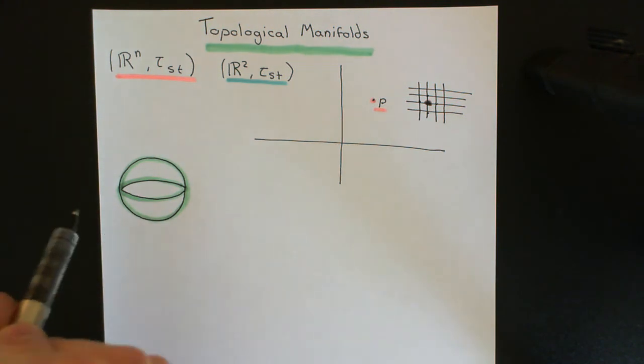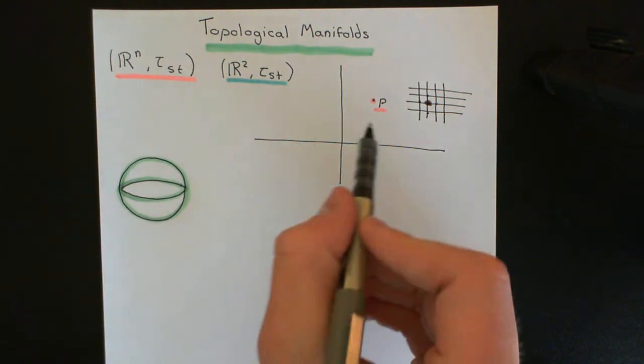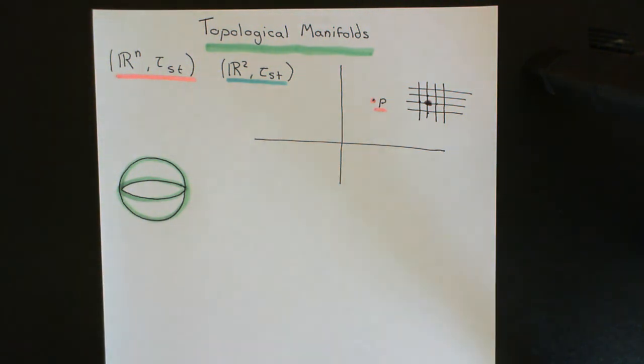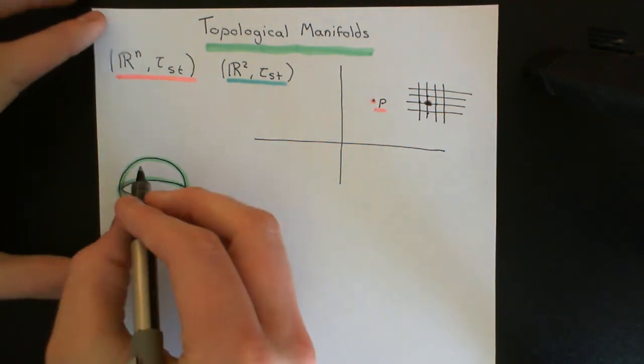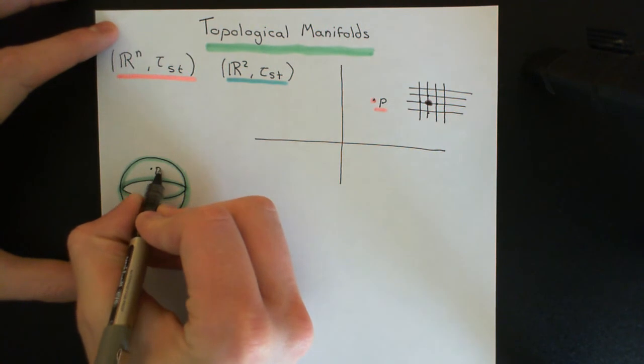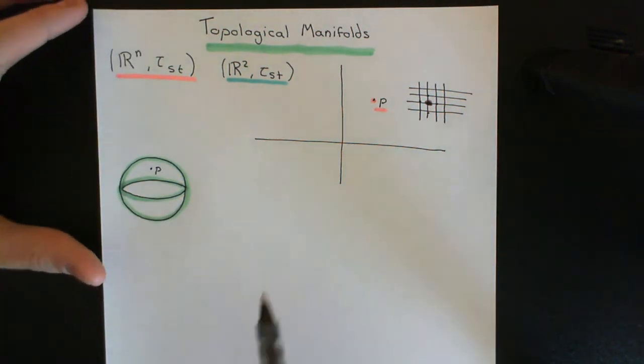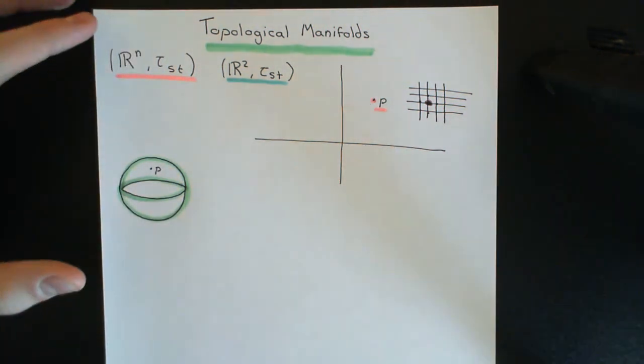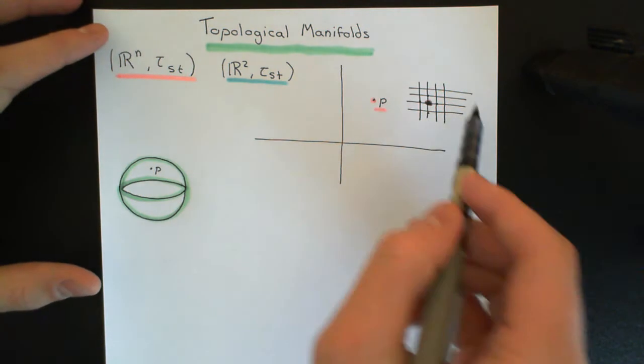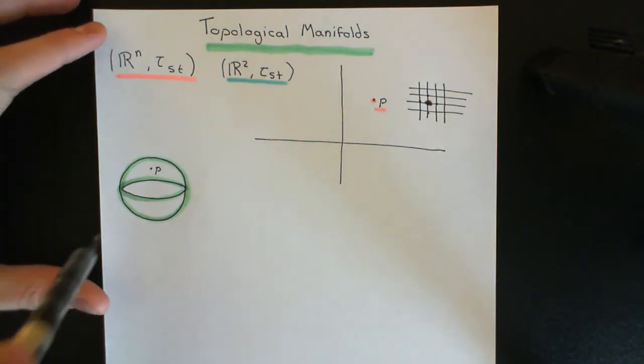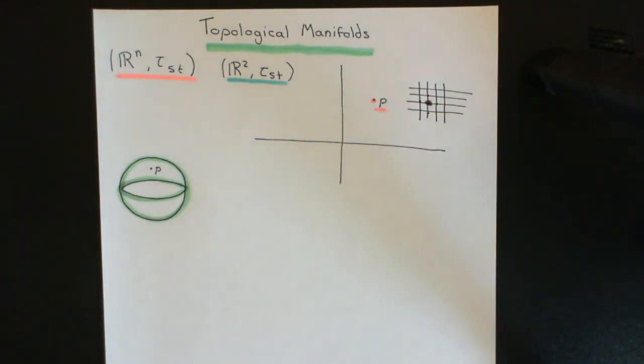However, this one actually has a lot in common with this one, and let me explore this in a bit more detail. If we take a point on this one, here is my point P, and let's imagine doing the same thing as I did over here, the informal intuition. Let's zoom in and in and in to an infinitesimal scale. What would we imagine that we would see here?